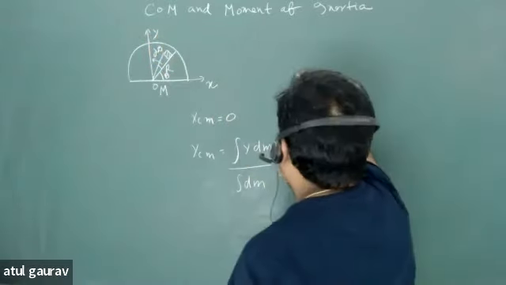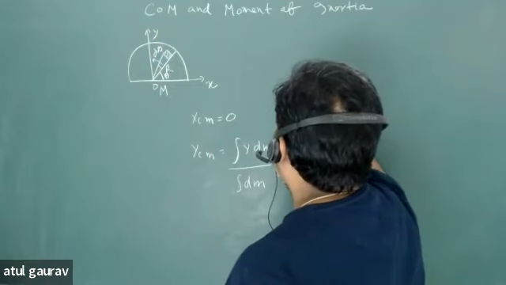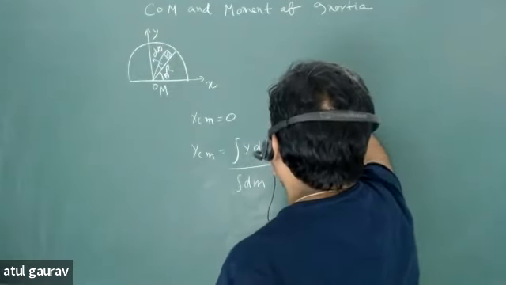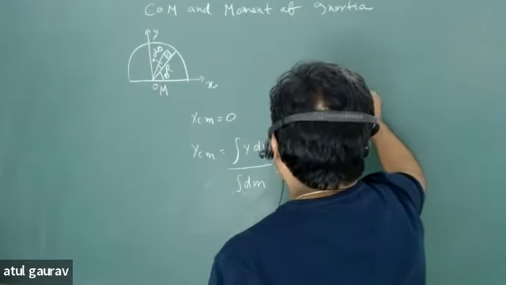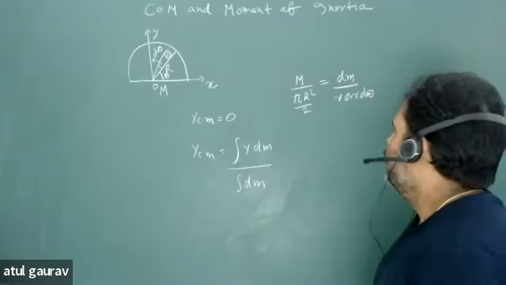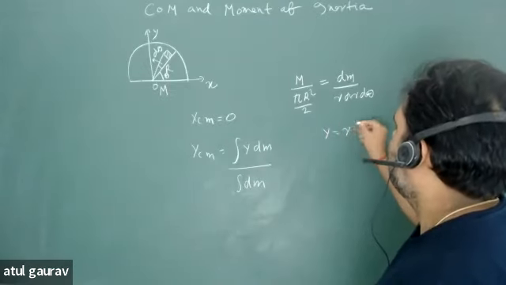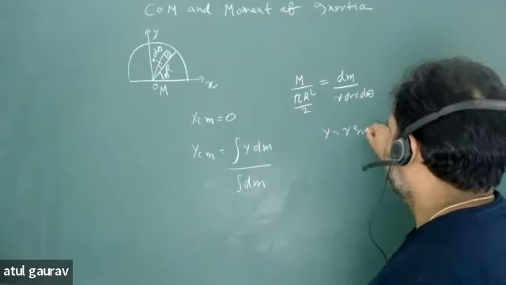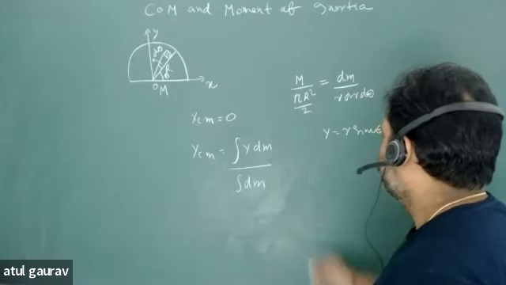So we can write m upon pi r square by 2 is equal to dm upon r dr d theta, isn't it? And what is your y? Your y is equal to r sine theta in circular polar coordinates.